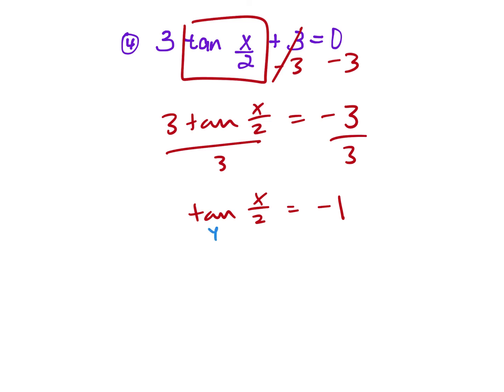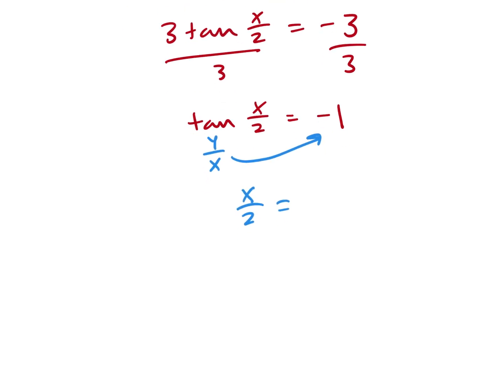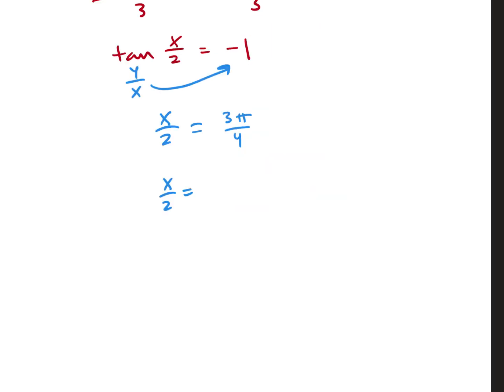Tangent is y over x. So we have to find where y over x is -1. And then we get x over 2 is equal to that. So where is y over x -1? 3 pi over 4 instead of pi over 4. 3 pi over 4. I think I'm right. So 3 pi over 4 and 7 pi over 4.